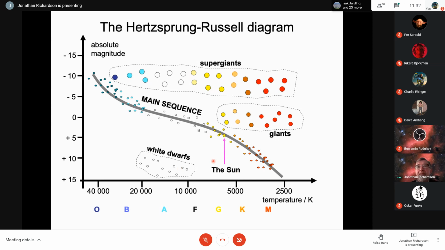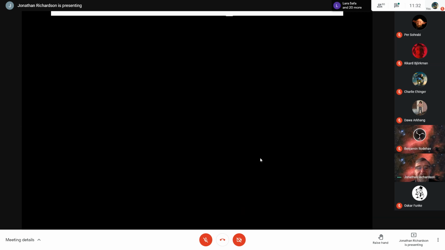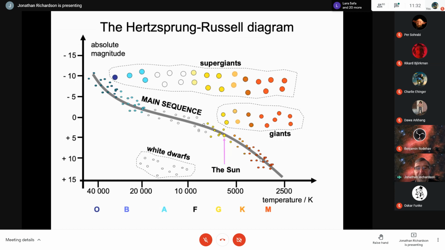Oops. So I'll just go back. So to finish that, we've got now all of the positions that we need to have within the Hertzsprung-Russell diagram. Now, we asked a couple of questions last week.